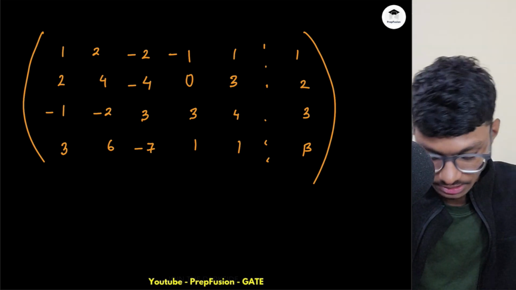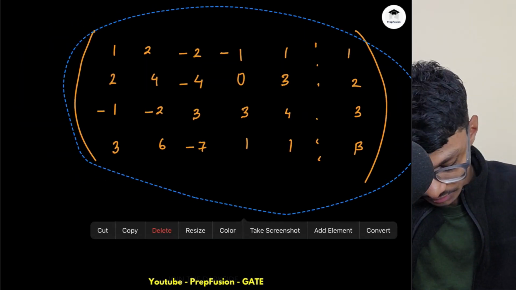So yeah, this is basically the augmented matrix AB. I can reduce the size of this.